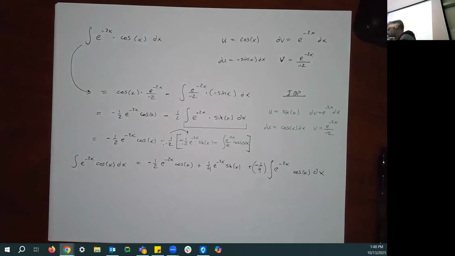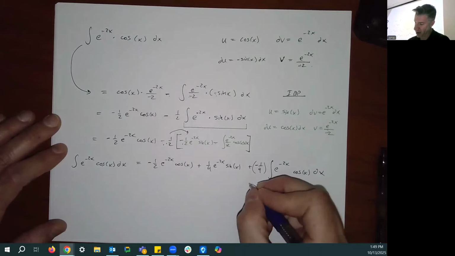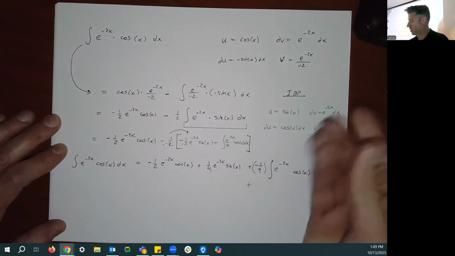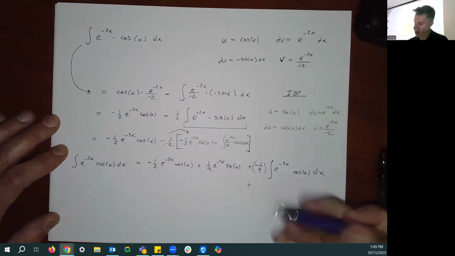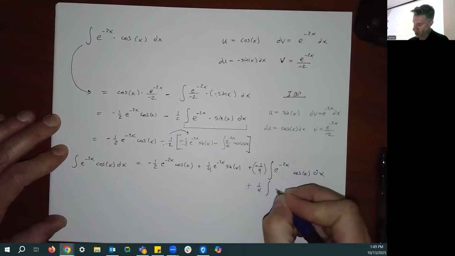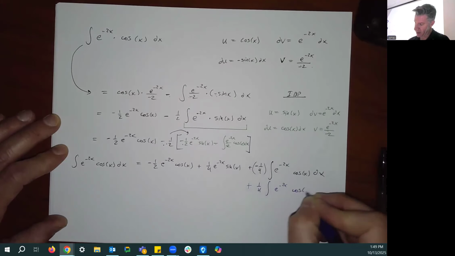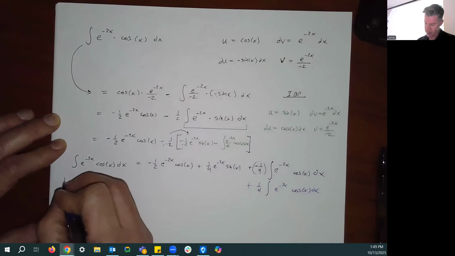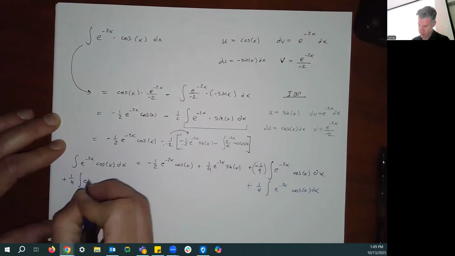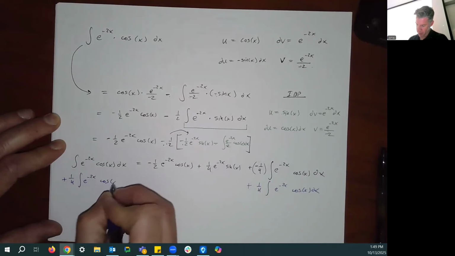And now the process is to say we're going to add 1/4 of this integral to both sides. Let's see.